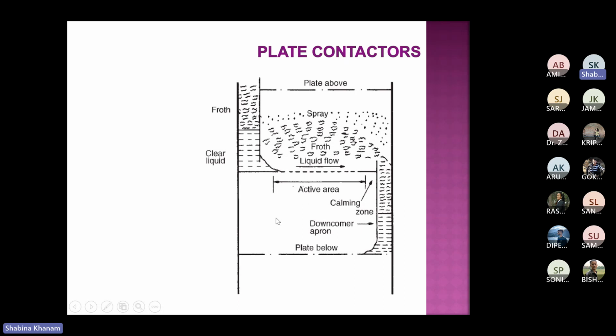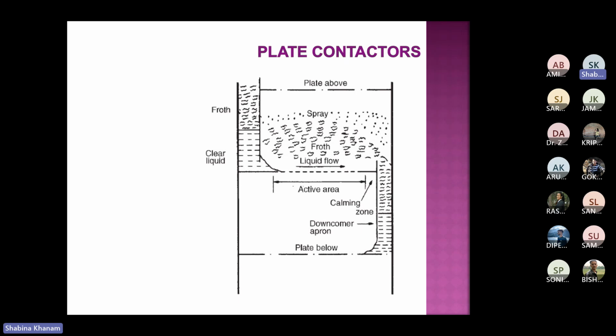That condition we call weeping condition. Flooding condition is when liquid is pushed upward by the vapor, and weeping condition is when liquid passes through the holes and vapor is not allowed to move up through the holes. Both conditions depend on the vapor flow only.